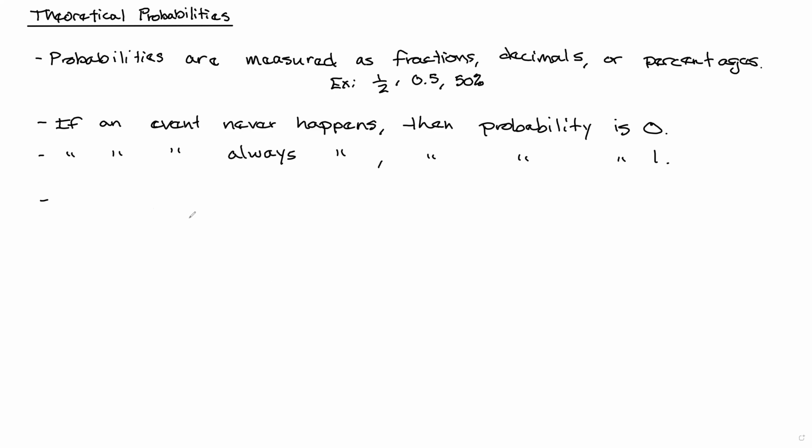The probability of an event not happening is 1 minus the probability it will happen.